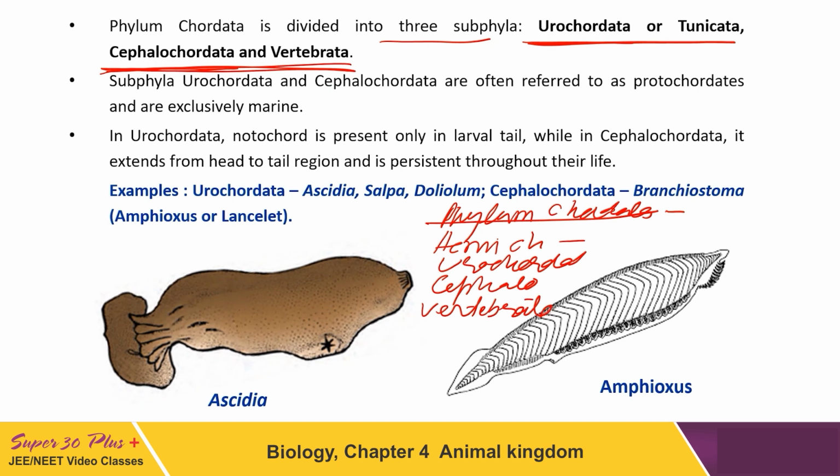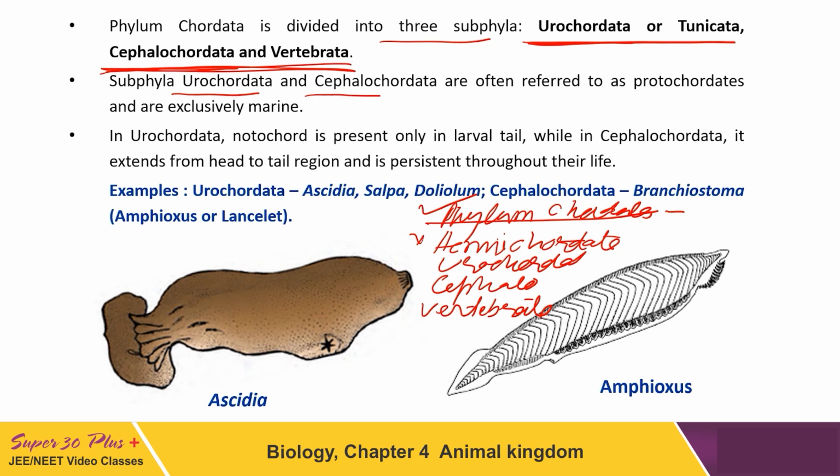This is right or wrong? Yes, come on. This one is an incorrect statement because Hemichordata is not a subphylum of phylum Chordata nowadays. It's incorrect. Come to this now.